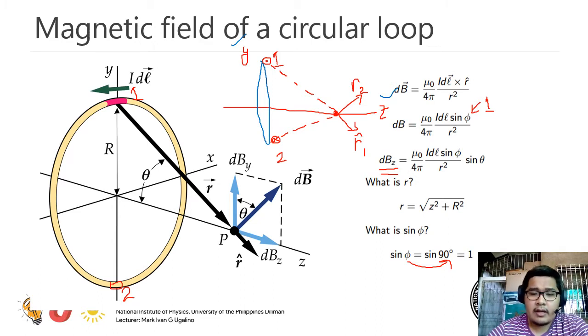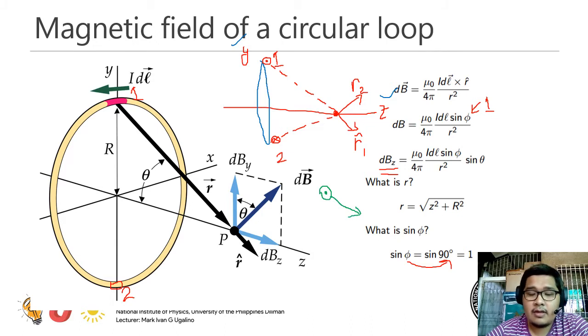So we can analyze what DL1 cross R hat 1 is, and what DL2 cross R hat 2 is. For the first one, DL1 cross R hat 1, let me draw that using green color. So this is your DL1, and your R hat 1 is pointing in that direction.